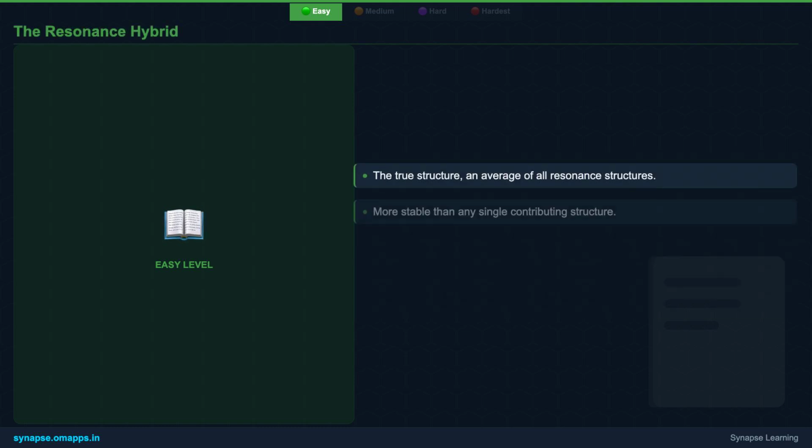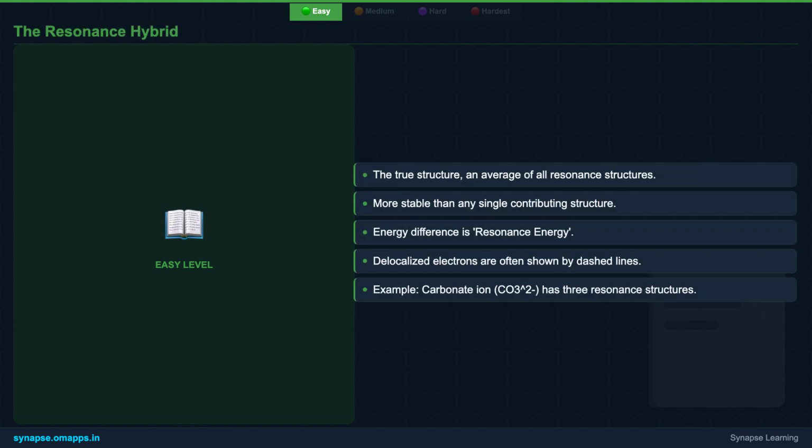So, if resonance structures aren't the real molecule, what is? It's the resonance hybrid. This hybrid is the actual, true structure of the molecule, an average or blend of all the contributing resonance structures. The amazing thing is, this hybrid is always more stable than any single one of its theoretical resonance structures.